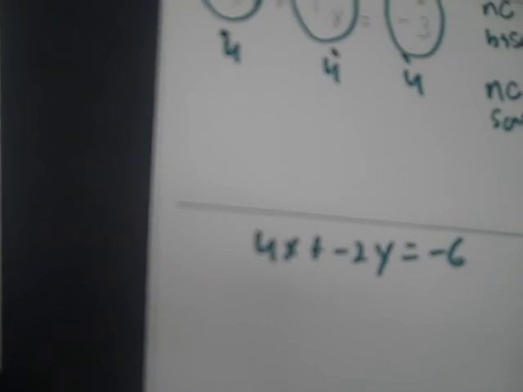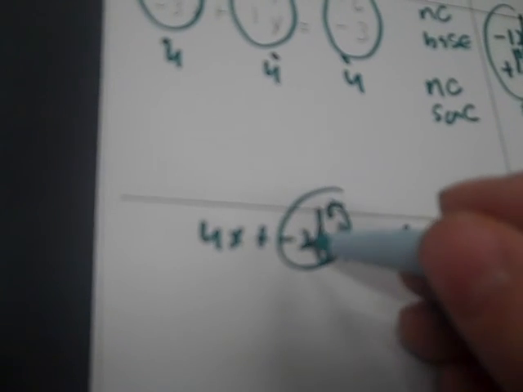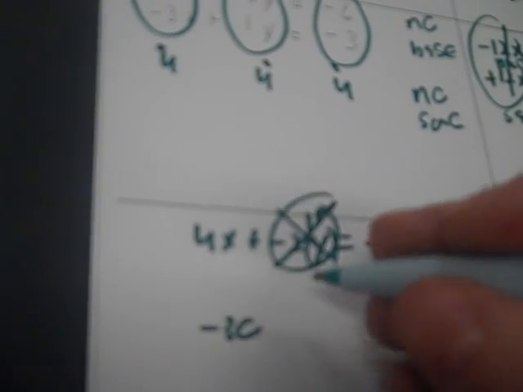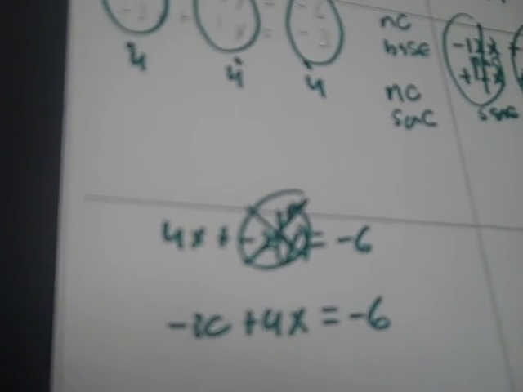And then plug that 15 in. You didn't have a base, so you're going to have to do a little bit more work than just going to your calculator. I mean, you use your calculator, but it's not just a straight shot. You need to parenthesize the y and put 15. So negative 2 times 15 is negative 30. Plus my 4x equals negative 6.